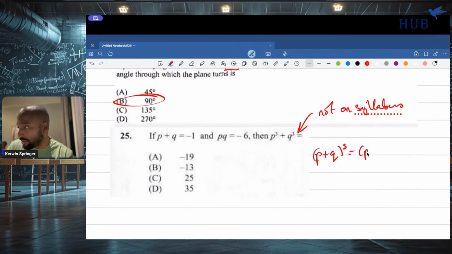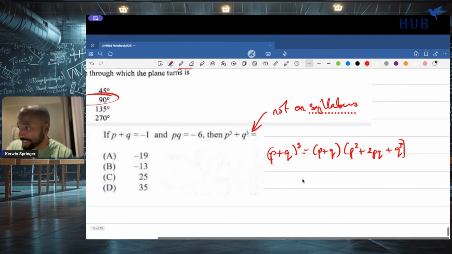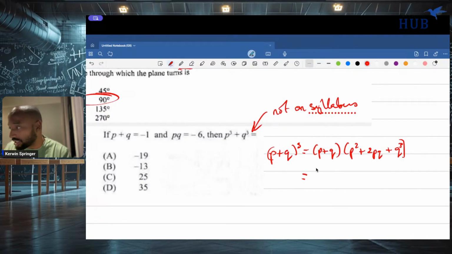It's P plus Q times P squared plus 2PQ plus Q squared, plus Q cubed. It's going to be a little long, a little tedious, but whoever decided to throw this question out here, it's a disgusting question.